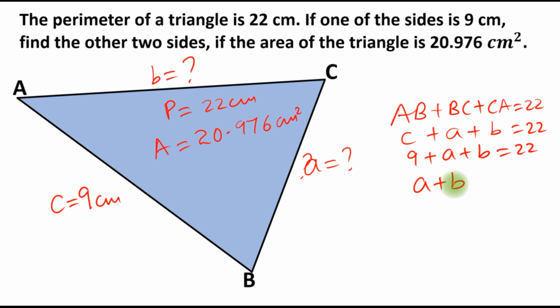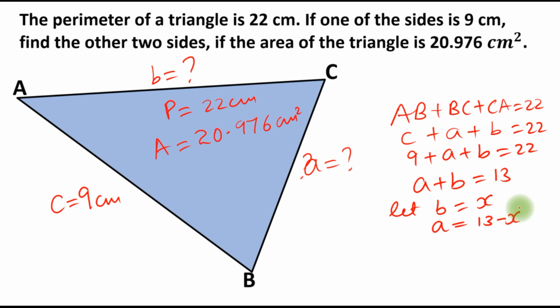Therefore, the other two sides will sum to 22 minus 9, that will be 13. So we can say let B be x centimeter. Therefore, the other side A will be 13 minus x.